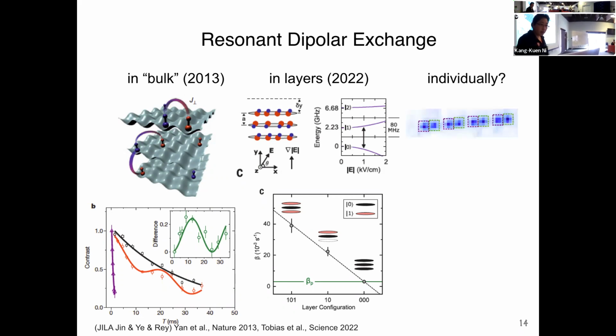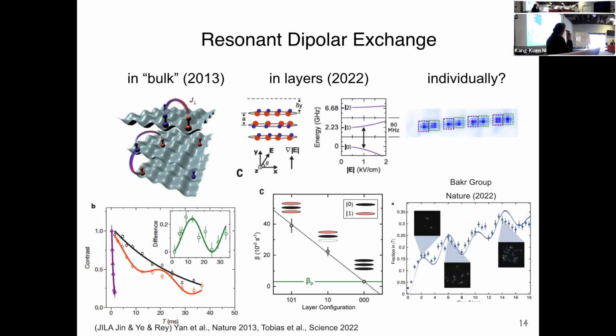Now, what about individually? Where we continue to push the controllability. Before I get to talk about our individual control, I just wanted to mention another experiment, which is at Princeton, where they now have a quantum gas microscope of molecules, looking at individual molecules here, and they also see dipole interaction.